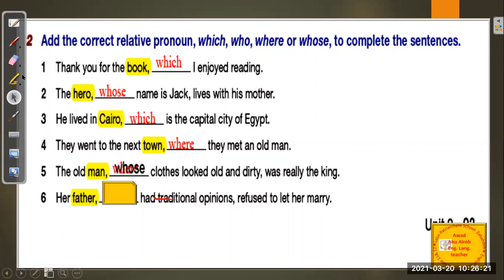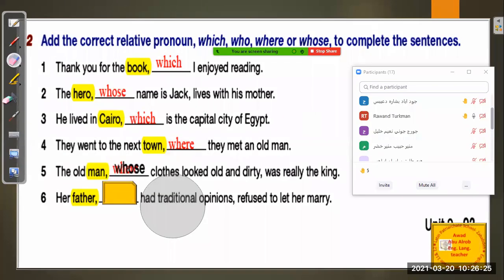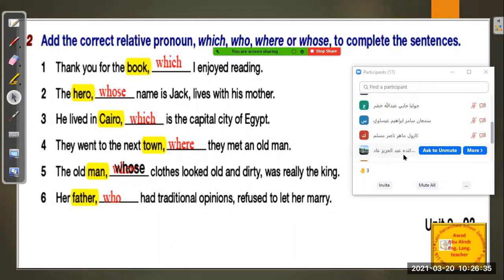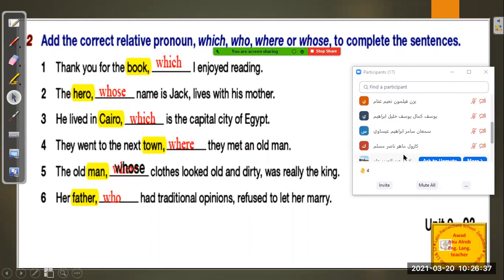Her father, who had traditional opinions, refused to let her marry. Okay, number 1 again, please. Thank you. Yes.